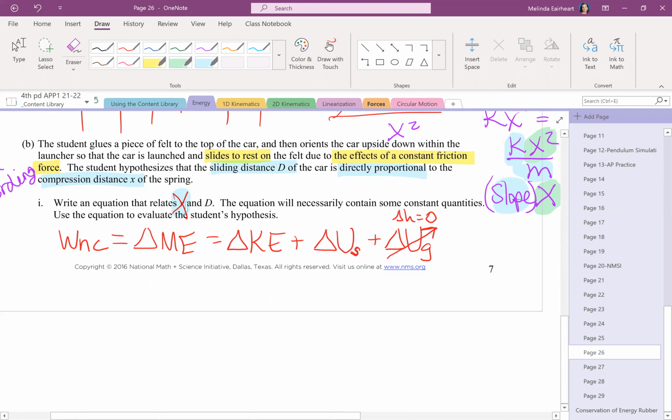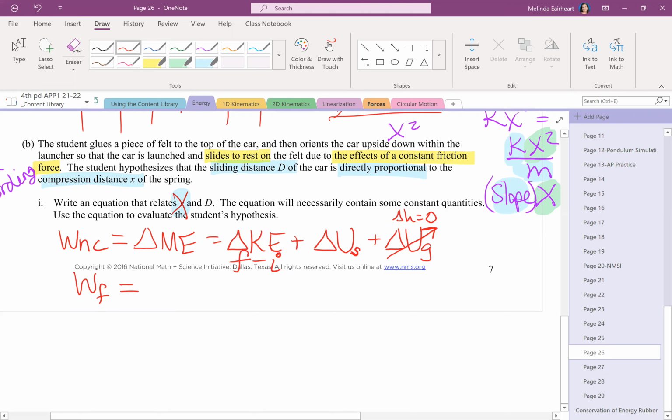So let's spend some time with our work energy theorem here. And so the non-conservative force doing work on it as it slides across, remember we've got that felt pad, it's going to slide to a stop. And so it'd be the work done by friction. And then the kinetic energy change, let's take a look at final minus initial.